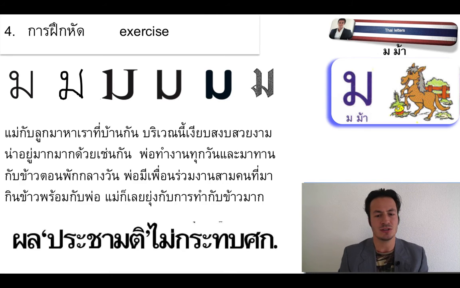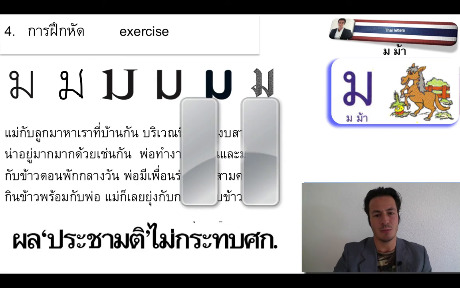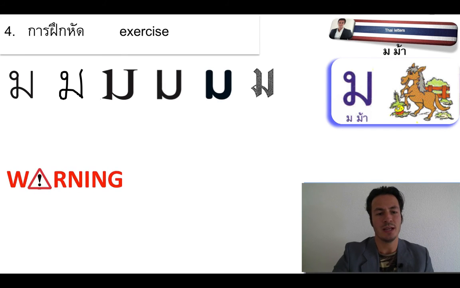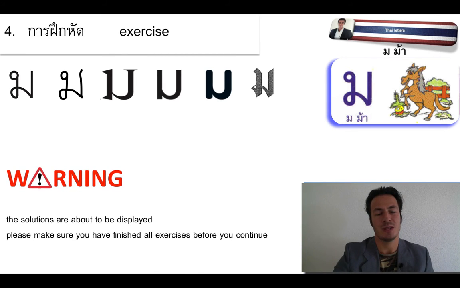Here is just an intro towards the exercise, where as always you have to find the mama within this text. Now before you continue watching this video, pause it and make sure you found all the mama consonants within the text on top and the text on the bottom. And then you continue. And just to repeat myself, a warning, the solutions are about to be displayed, so make sure you actually solved this trial exercise.